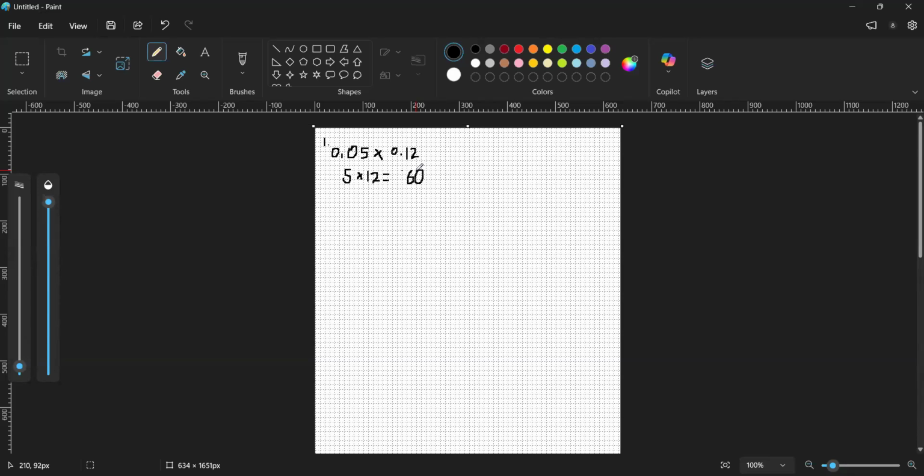Now, if you look at what you call 0.12, it's actually 0.12. So if you are counting how many decimal places, there are actually two, not one. Okay. So that means it's two decimal places. So in other words, you've already counted 6 and 0 as 2 for the 0.05.